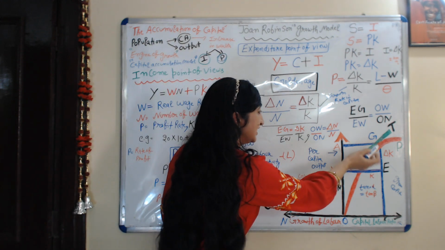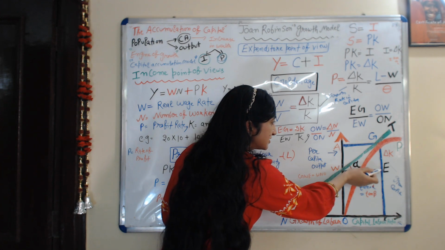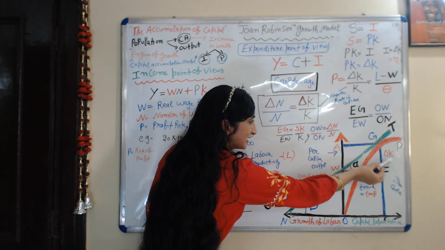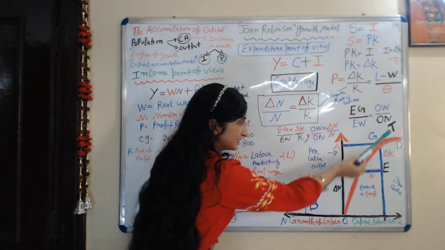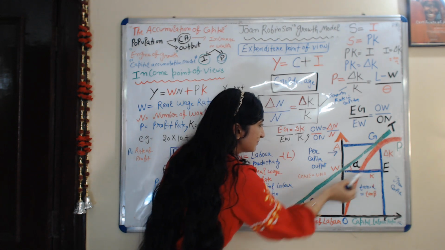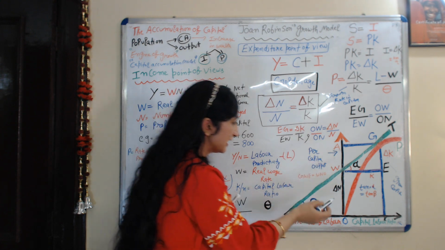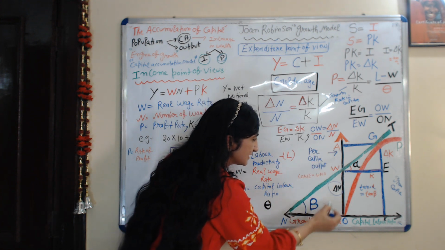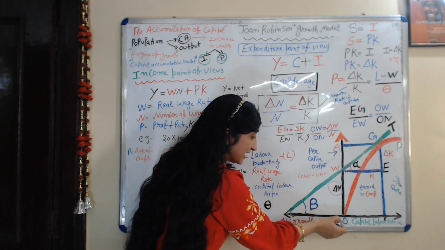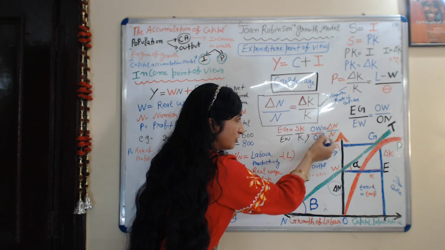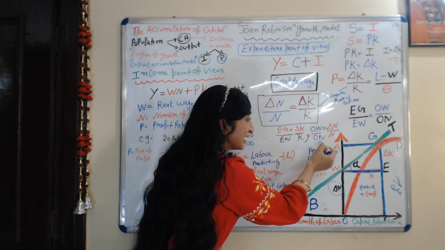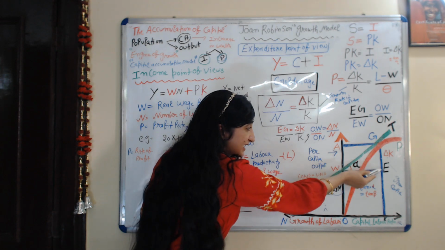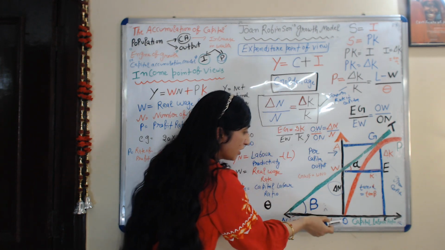See this EG part of tan alpha: it represents delta K, and the EW part represents K. So that is delta K over K. In tan beta, the OW part represents delta N, and the ON part represents N. So EG over EW is equal to OW over ON.